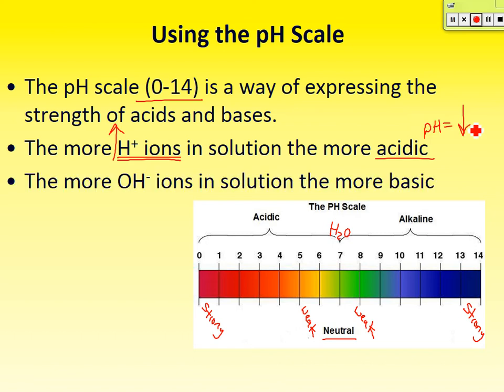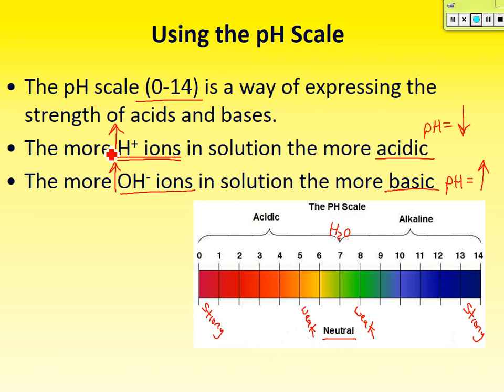Okay, and then also, we introduced this last time, hydroxide ions. If you put more hydroxide ions into a solution, it makes it more basic. So if you increase the concentration of hydroxide, what is that going to do to the pH? Is it going to make the pH go up or down? Up. It's going to make it go up. So that one does kind of make sense in how we think about it.